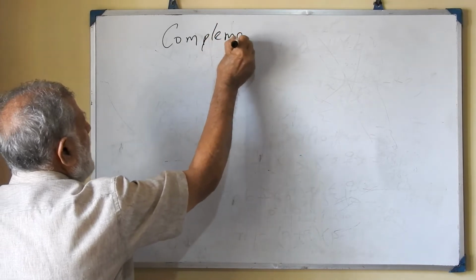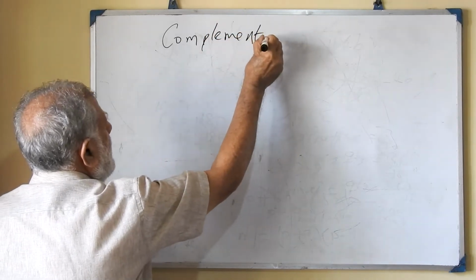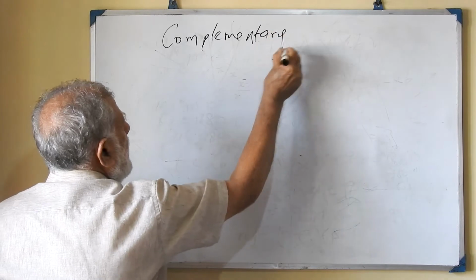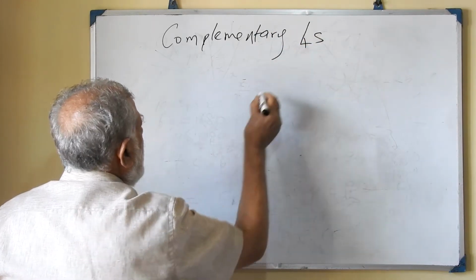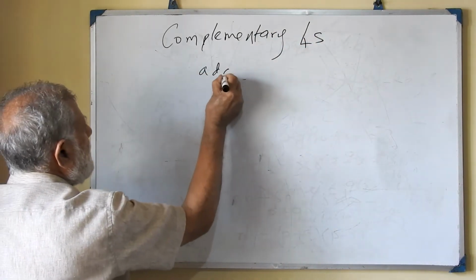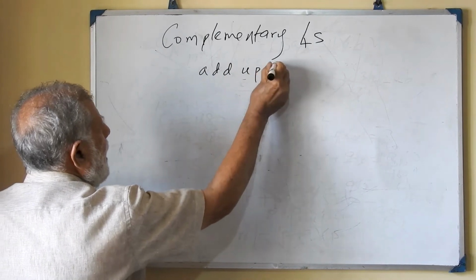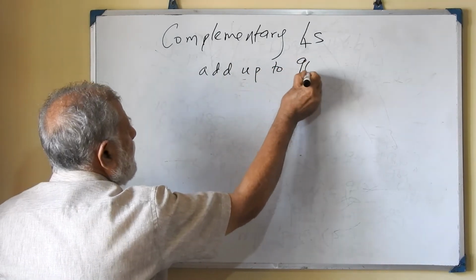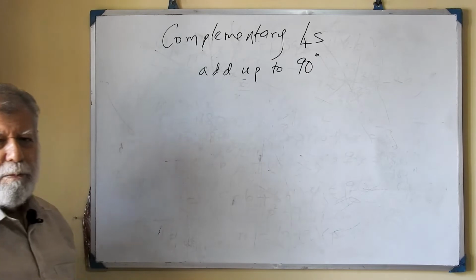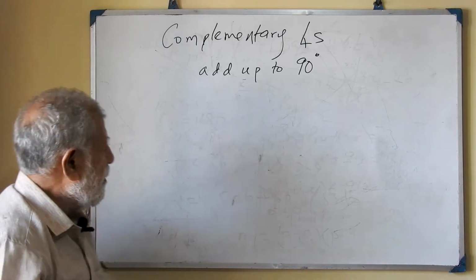What are complementary angles? Complementary angles add up to 90 degrees. So if two angles add up to 90 degrees, they are called complementary angles.